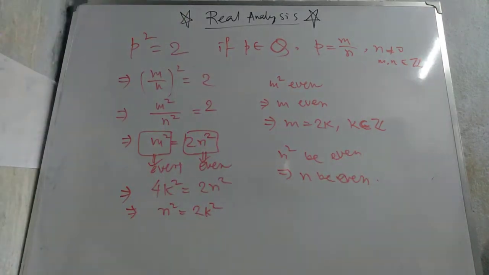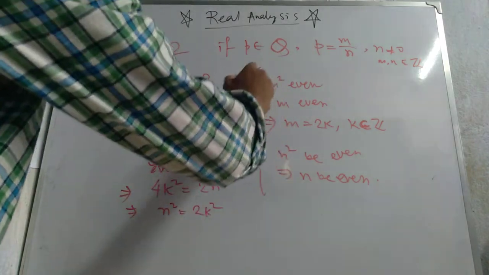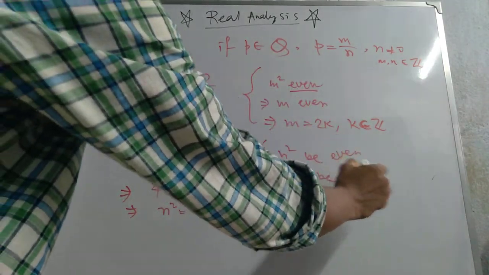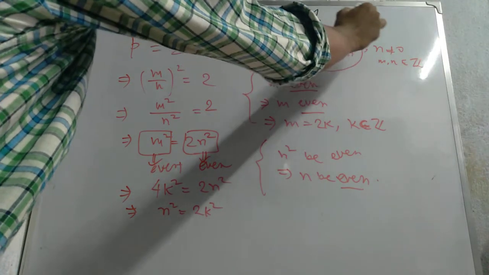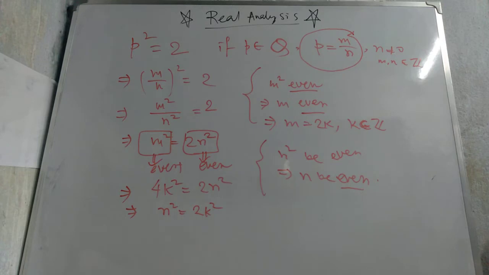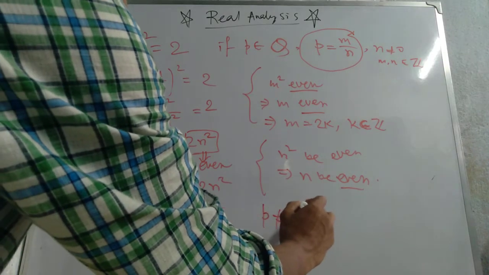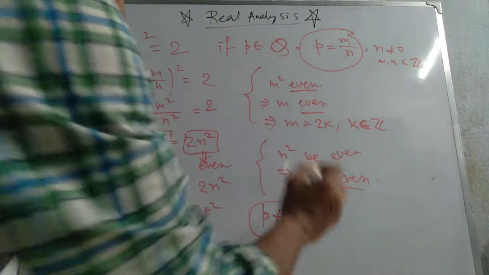Then m is even and n is even, which is a contradiction to our representation in lowest terms. So we follow from this contradiction that p is not equal to m by n, that means p cannot be written in this form.